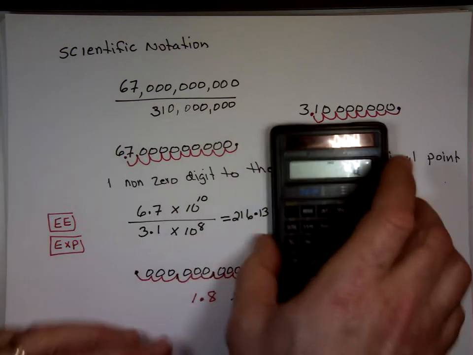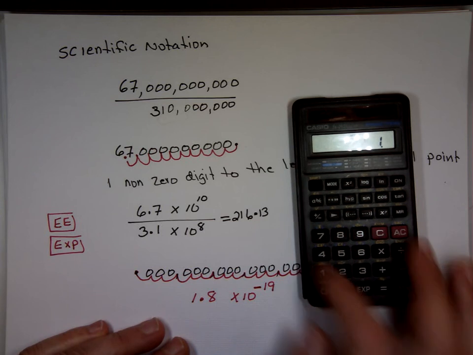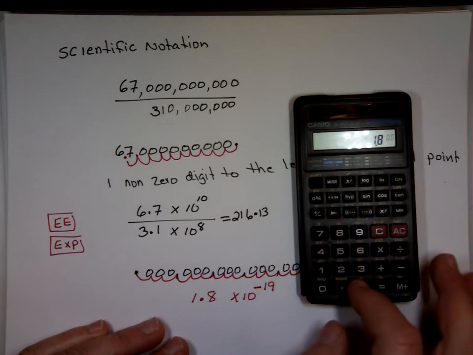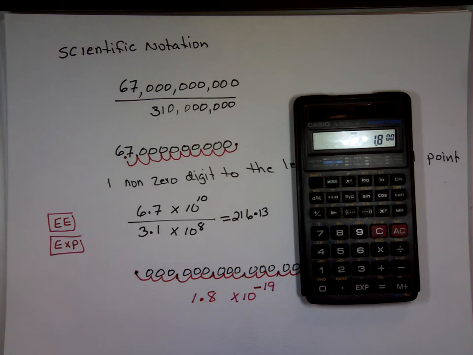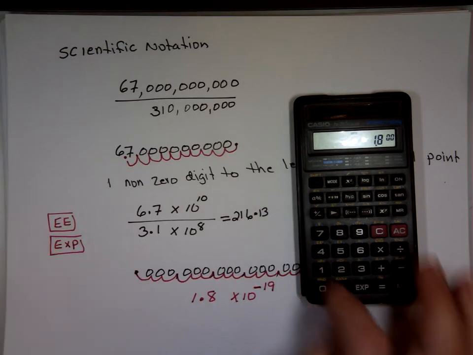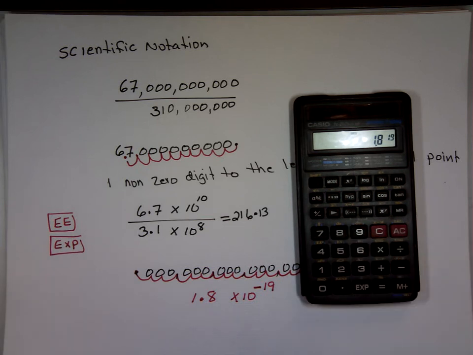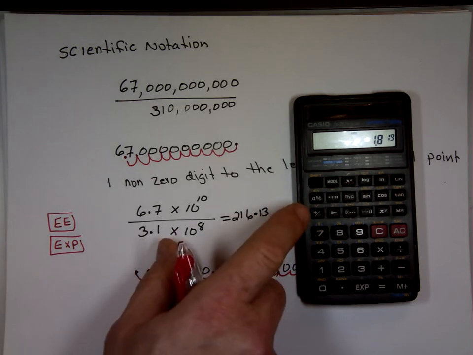On the small one, I go 1.8 EXP. And I don't have that minus sign like the other one, where you have that button to make it a negative number. This doesn't. So I gotta write 19, and there's a button that says plus minus, which means change the sign. See that plus minus right here? That becomes a negative 19.